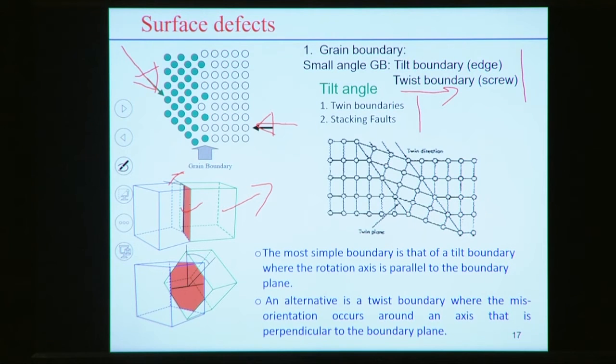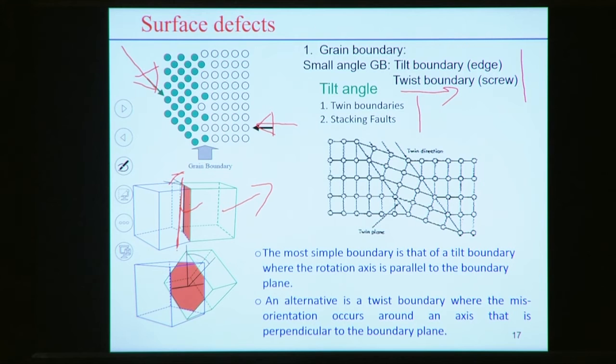So this typical type of boundary is considered a tilt boundary, where, with respect to the rotation axis, which is here, the rotation axis is parallel to the boundary. This type of boundary is called the tilt boundary.